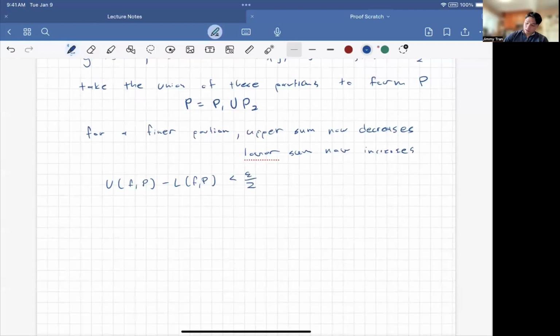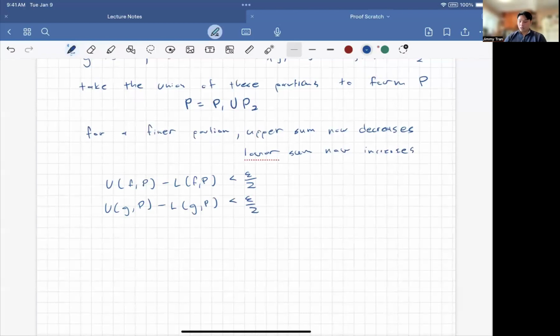And likewise, we can say that the difference between the upper Darboux sum of g over P minus the lower Darboux sum of g over P is less than epsilon over 2 here.